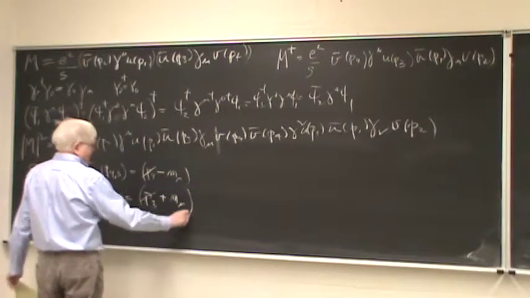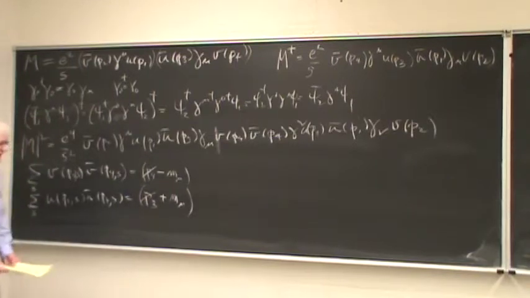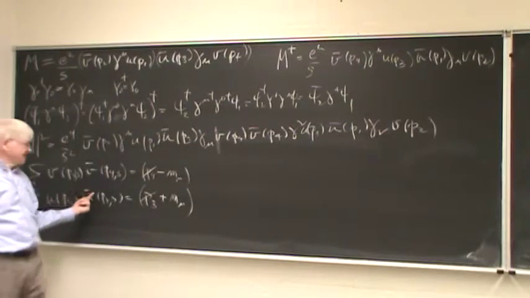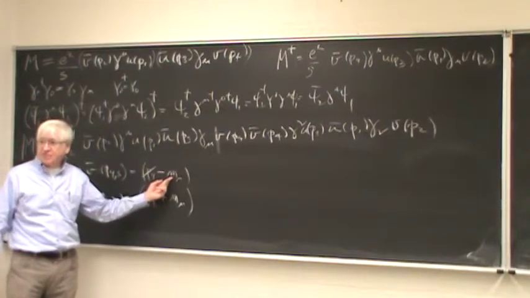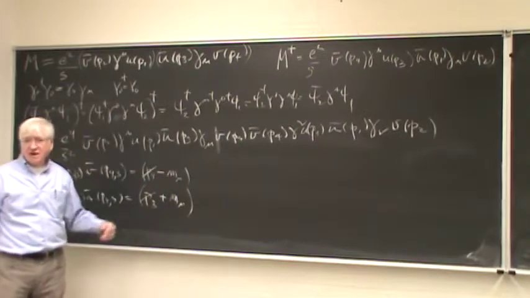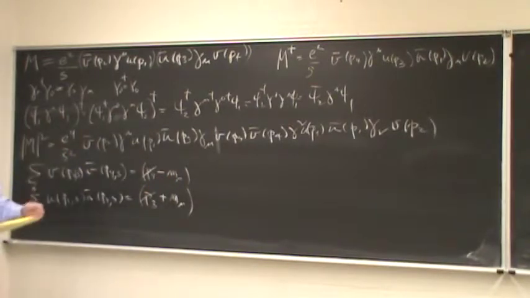Okay. The thing I lost track of what I was saying. It's the spinors then, you take the spinors at 0 and you multiply by P slash plus or minus M to get the spinors at non-zero momentum. The M there is the M that's relevant for the particle, and so in this case, the final state particles, the M you use is M muon, and in the other case, for the initial state particle, you use M electron.